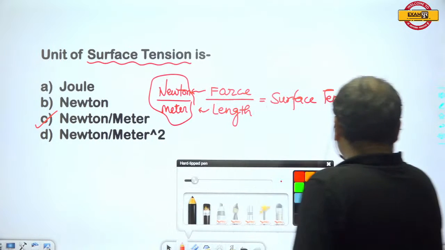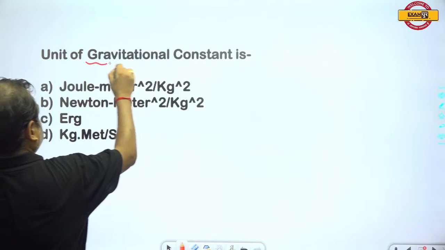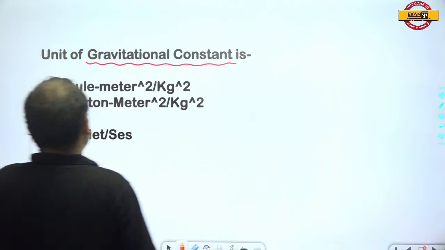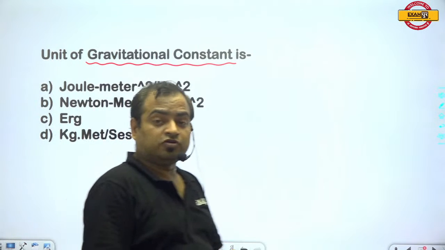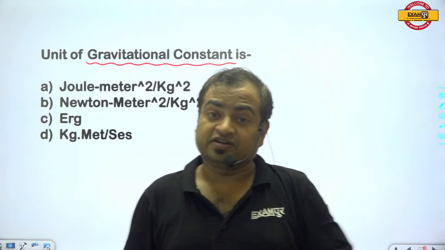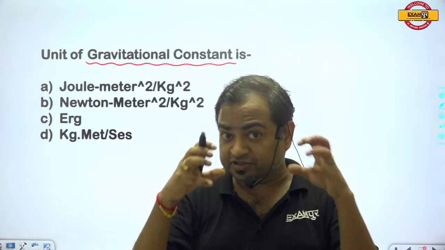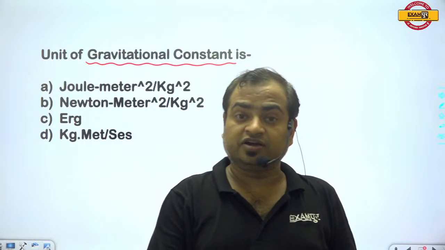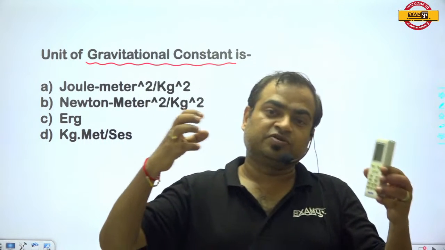Unit of gravitational constant. First of all, you should know about the gravitational constant. What is the gravitational constant? Dear friends, when we talk about the gravitational force acting between two bodies, Newton has told that any two bodies in this universe attract each other.